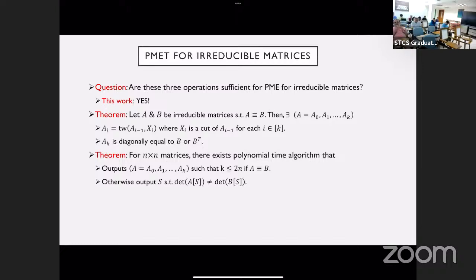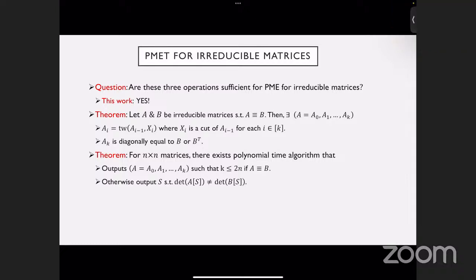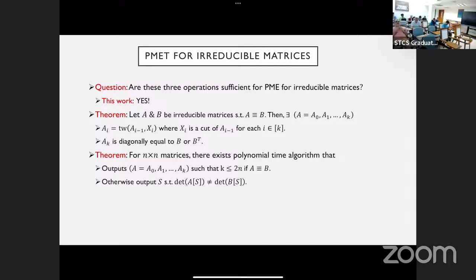In the second theorem also. Yes. Irreducible decomposition. Because if the matrix is reducible, then finally we are transforming to some smaller instances of principal minor equivalence testing for irreducible matrices. Okay. So irreducibility has strongly connected components in there. Yeah.